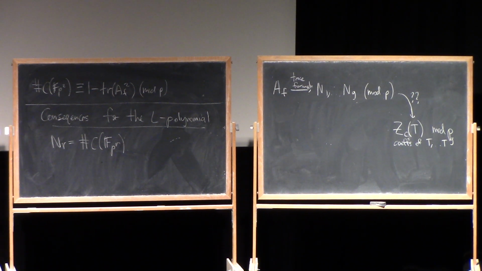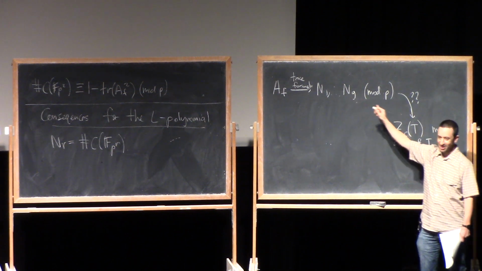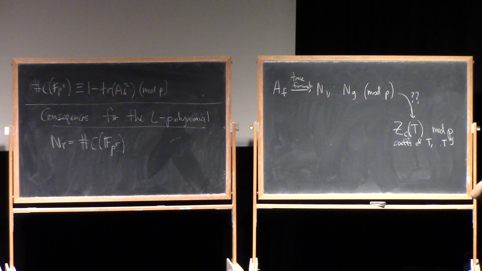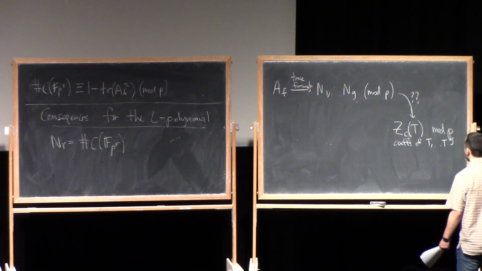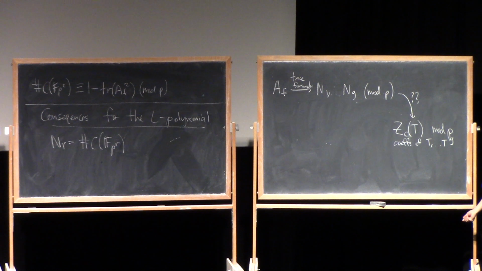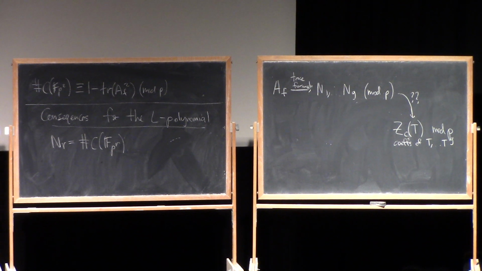Now there's actually a bit of a problem here, because if you think about the formula for the zeta function in terms of these numbers, there are denominators. You have to write down n2 over 2 and n3 over 3. So that could be a problem when p is small. And then the other problem is when you take the exponential, there are also denominators. So something funny could be going on. So I'll just leave the question marks there for a second and come back to that.